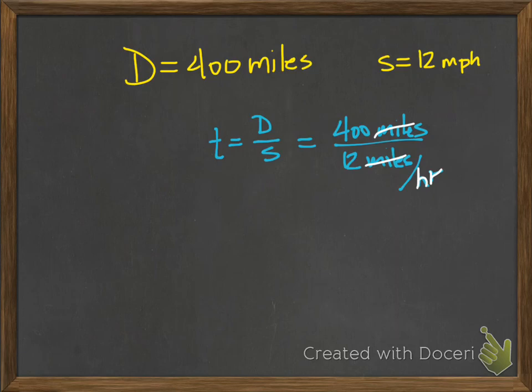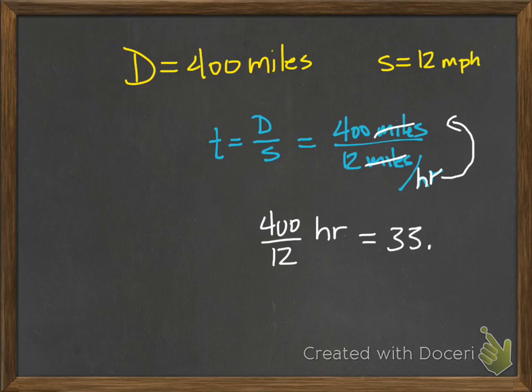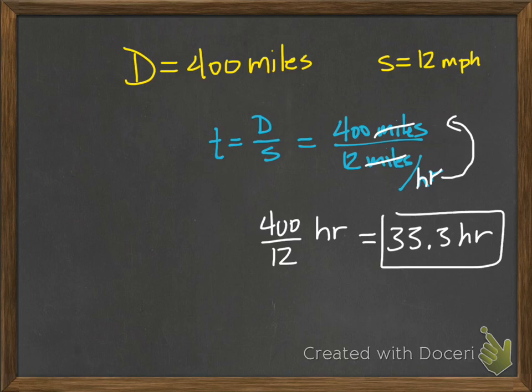So when you divide by a fraction, the denominator flips up to the top. So this divides out. We get 400 divided by 12, and our unit is going to be hours. So now we pull out our phone, we go, okay, 400 divided by 12. And that gives me 33.333333 hours. So that's how long it would take the storm to get to me.